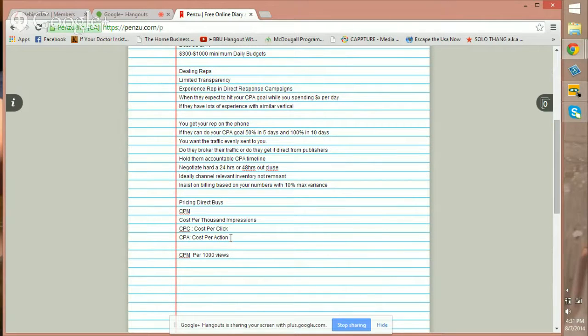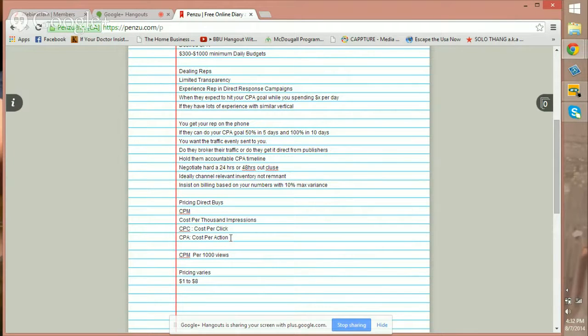So remember, impressions are just people your ad has been shown to, and the pricing of these things varies big time. Anything from $1, a mere dollar, all the way to something like $8, $10 plus. That's a very big spread.